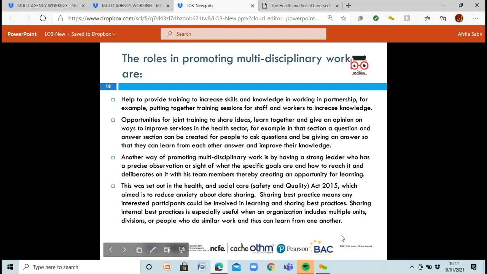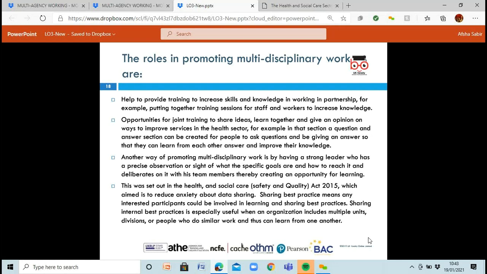Promoting multidisciplinary work also needs a strong leader, who has a set of specific goals and knows how to reach them, and that helps you as well, because you'll be able to focus on what you want to do. All of this, the roles in promoting multidisciplinary work, was set out in the Health and Social Care Safety and Quality Act of 2015.